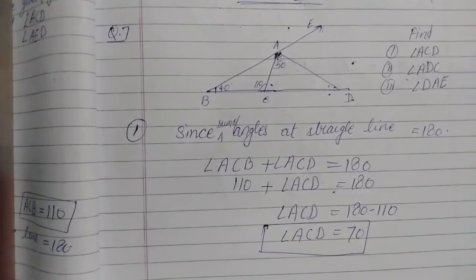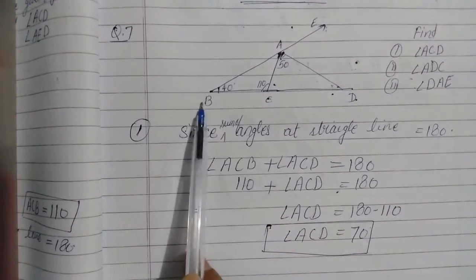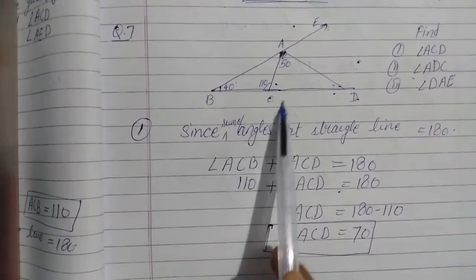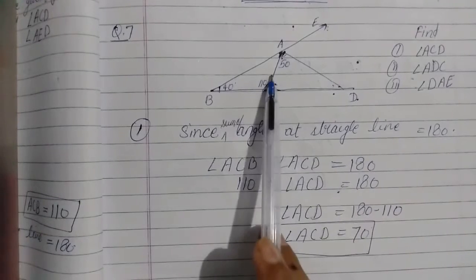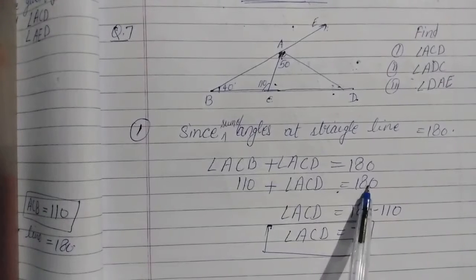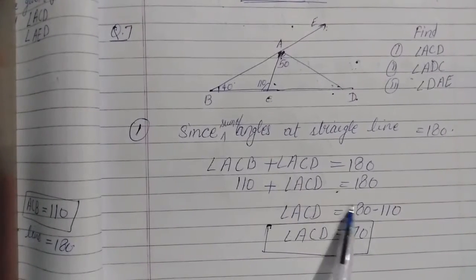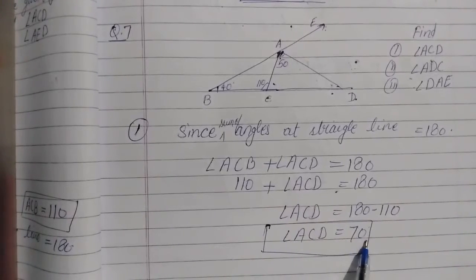So angle ACB plus angle ACD is equal to 180 degrees. Now ACB is 110, ACD we don't know, is equal to 180 degrees. ACD is equal to 180 minus 110, so ACD is equal to 70 degrees.